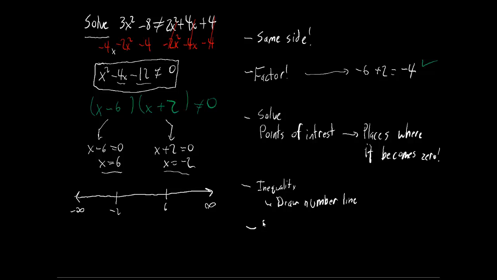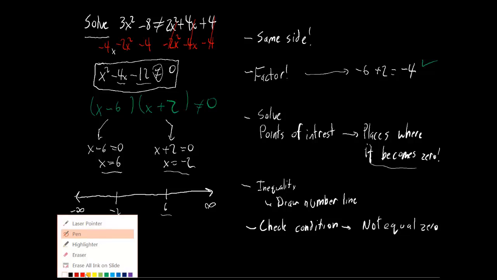The next thing we should do is check what condition we're trying to satisfy with our inequality. So in our original equation here, the condition that was given right here is that it cannot equal 0. That means our points of interest were where it became 0, so neither one of our points of interest here, the negative 2 or the 6, can be part of the solution.